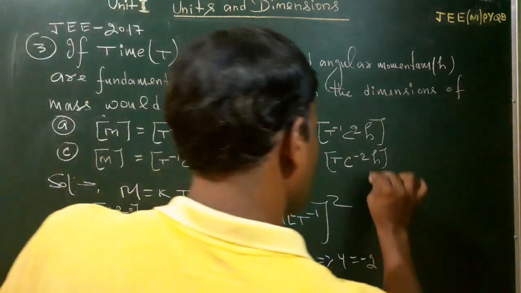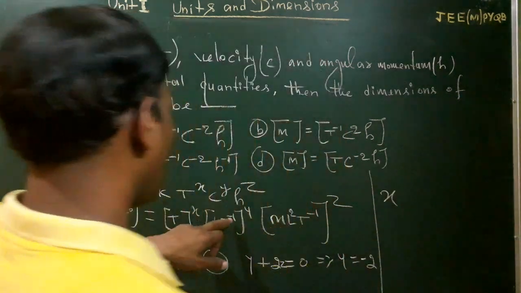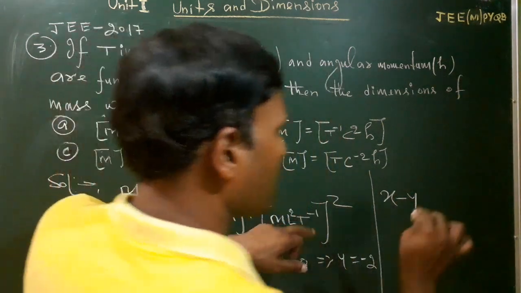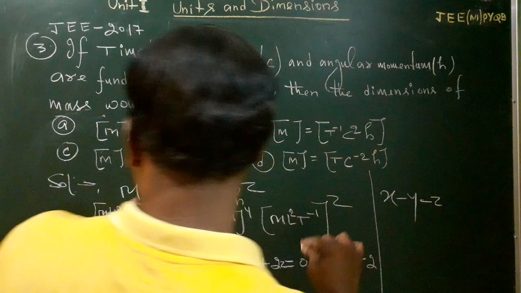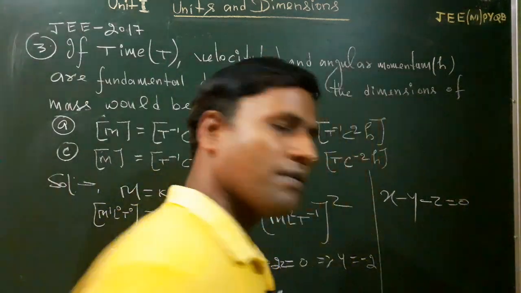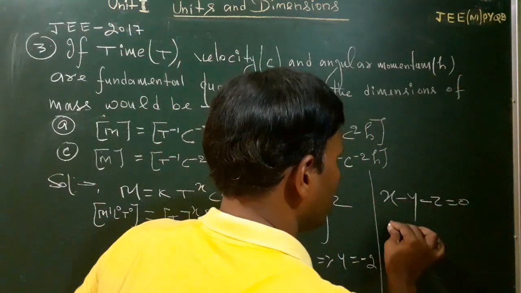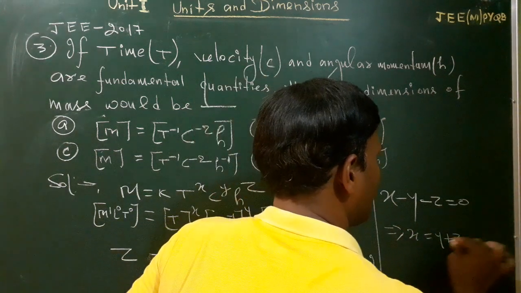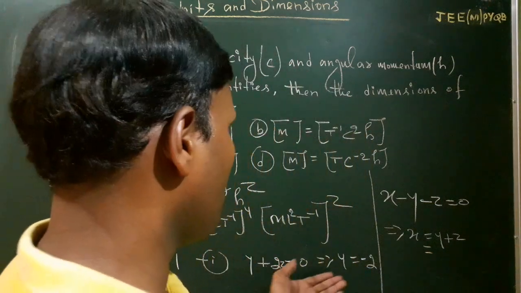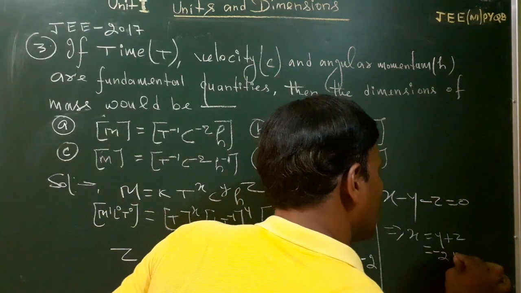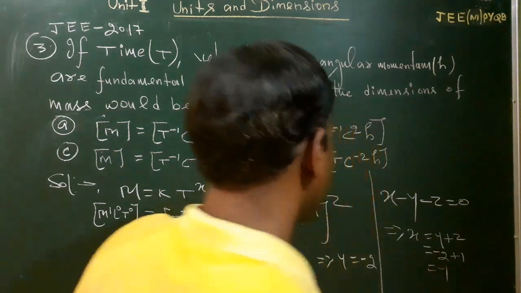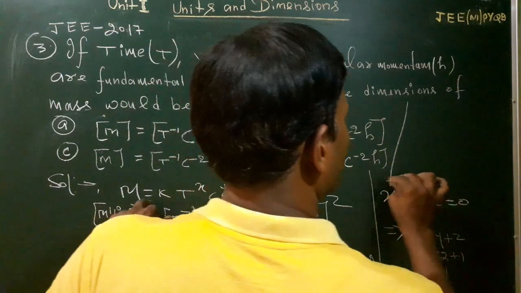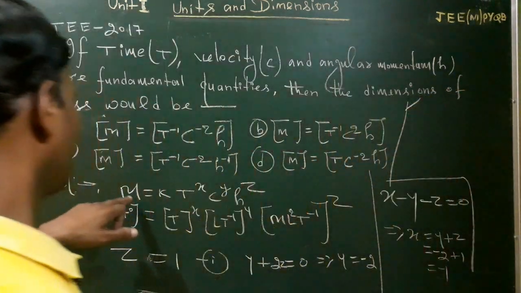Now for T, we get X minus Y minus Z equal to 0. Put the value of Z and Y. So X is equal to Y plus Z, that is minus 2 plus 1, so minus 1. So you got the X, Y, Z values.